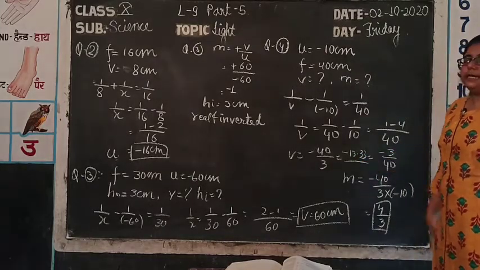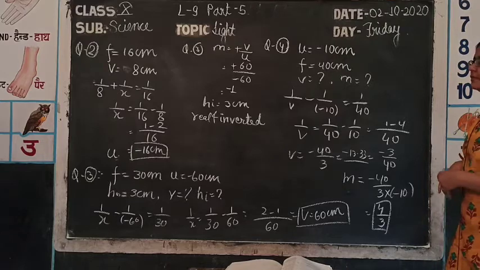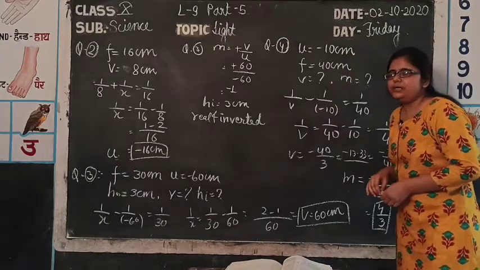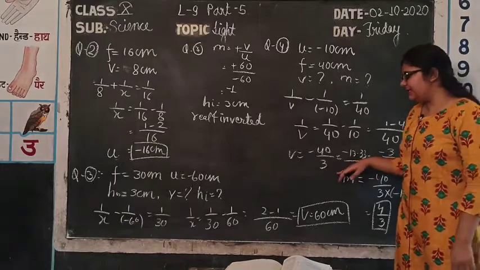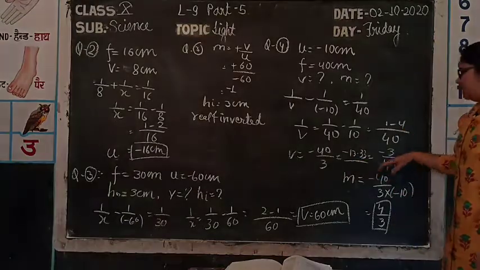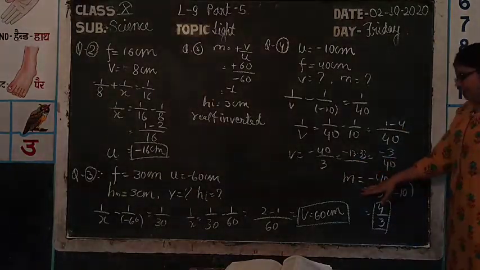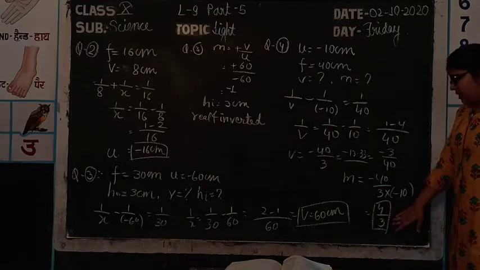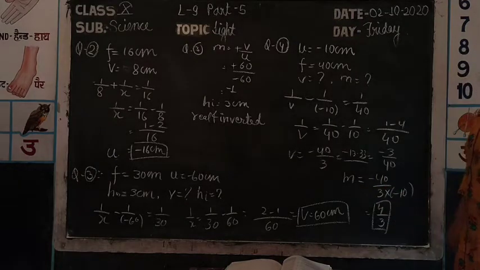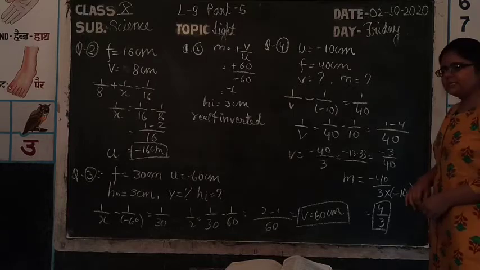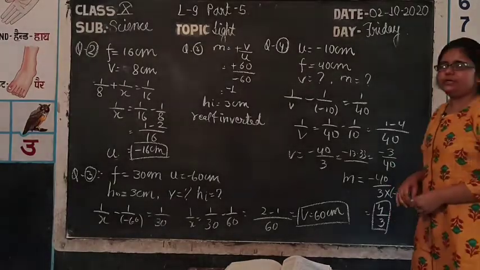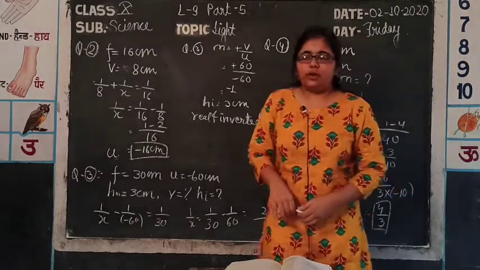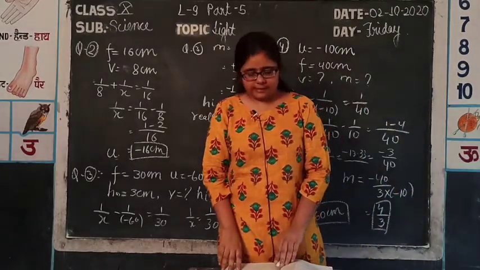This denotes that the image will form towards the left hand side, and particularly in lenses, when images are formed towards the left hand side, these images will be virtual. You can verify that again with the help of magnification. You get positive 4 by 3, and this positive denotes that the image is virtual and erect, and 4 by 3, that is greater than 1, denotes that the image is enlarged.